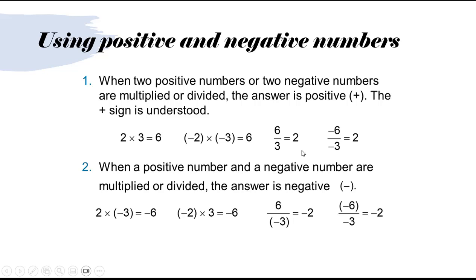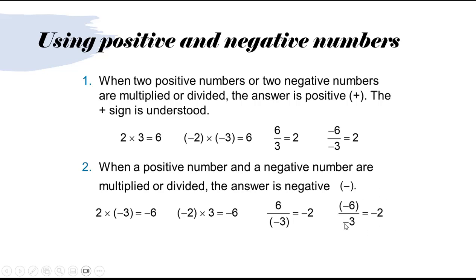Whether you are multiplying or dividing, this rule stays the same. When a positive number and a negative number are multiplied or divided, then the answer is always negative, right? So if you have one positive and one negative, then the negative sign dominates and you end up with a negative number regardless. Okay, so again, if you have two negatives, it becomes a positive.